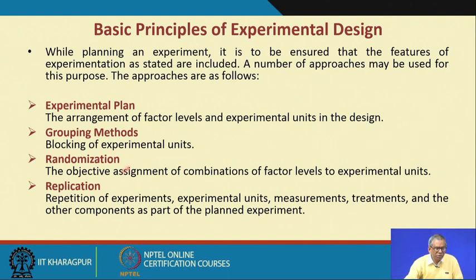What are these approaches? First one is you must have an experimental plan. What is an experimental plan? The arrangement of factor levels and experimental units in the design. Experimental design means the combination of the input factors.